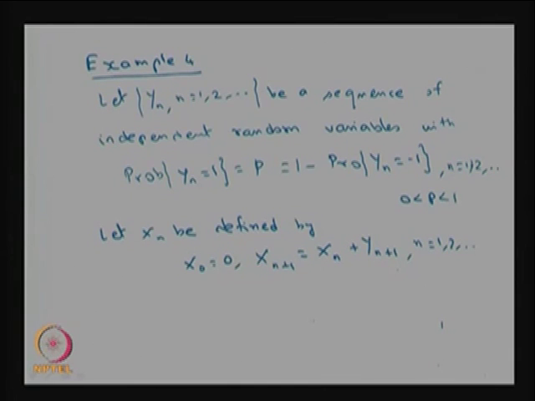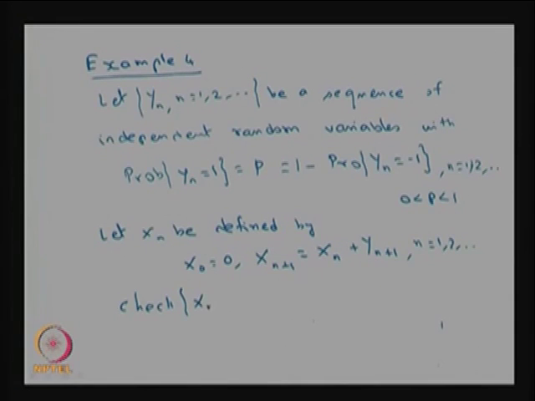Now, the question is, check whether the stochastic process X n is a DTMC. If it is a DTMC, also find out what is the probability of X n takes a value k.